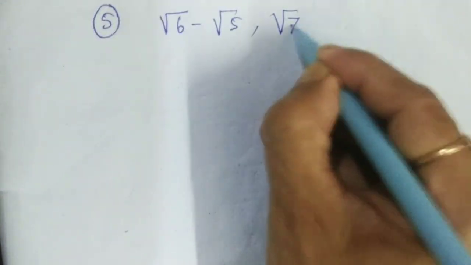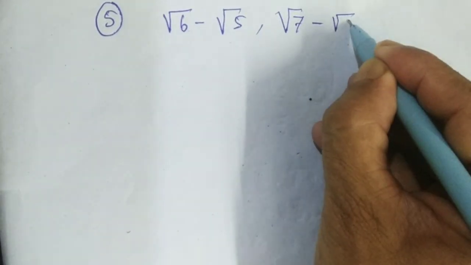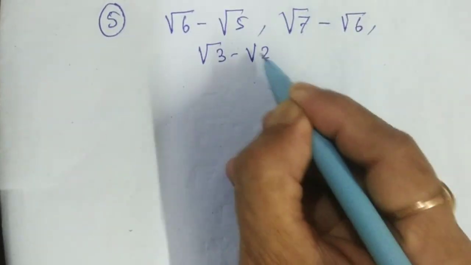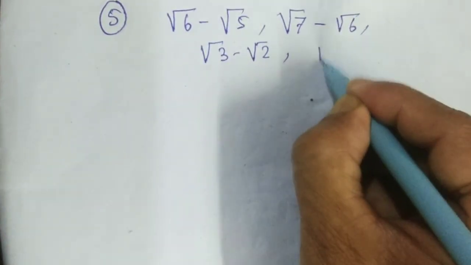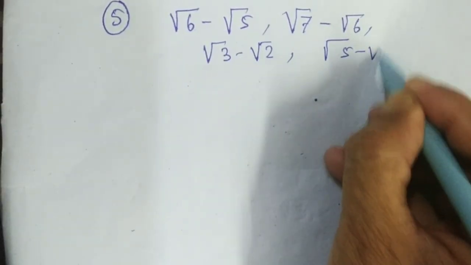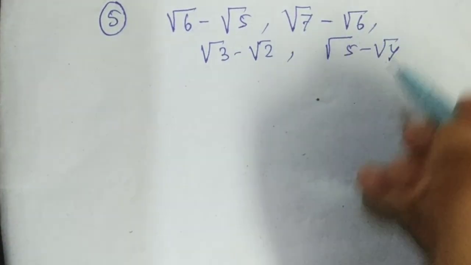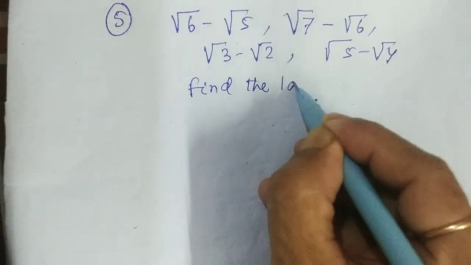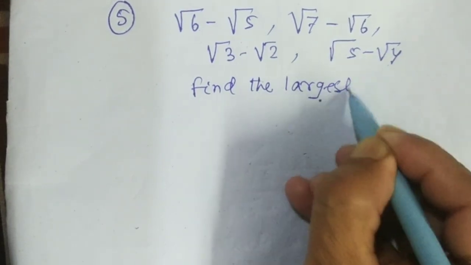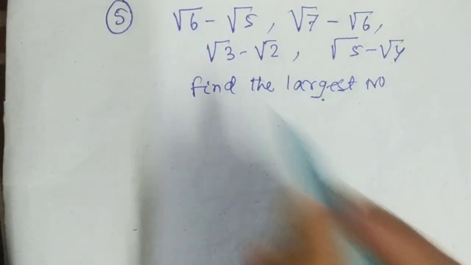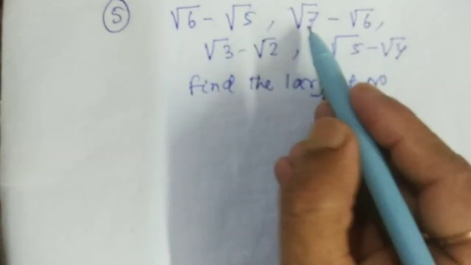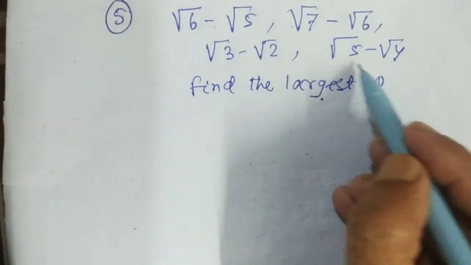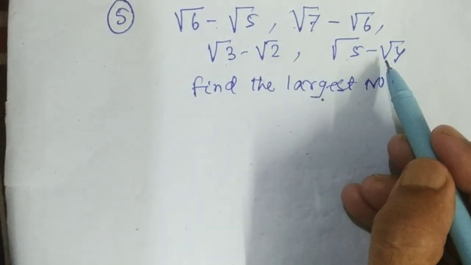And root over 7 minus root over 6, root over 3 minus root over 2, and root over 5 minus root over 4. Find the largest number.